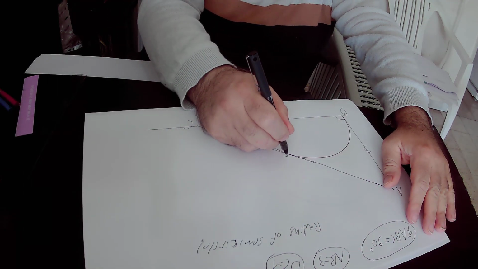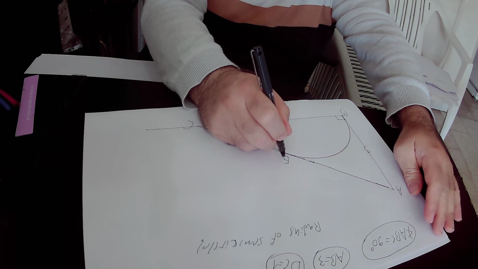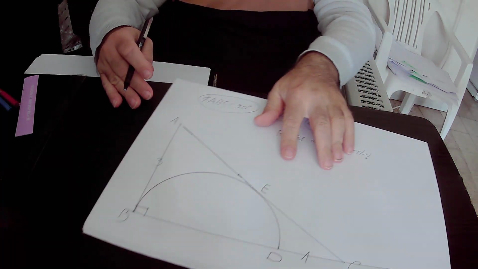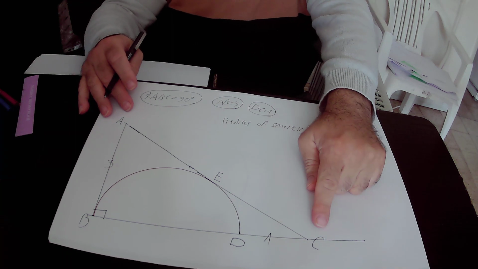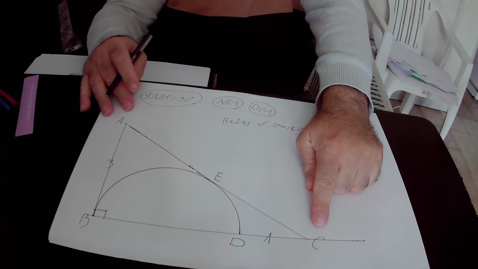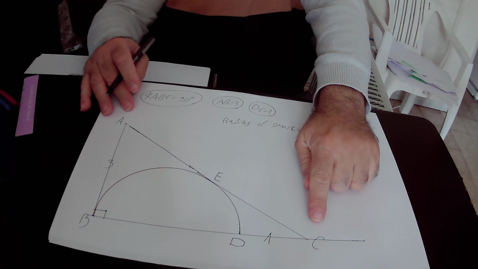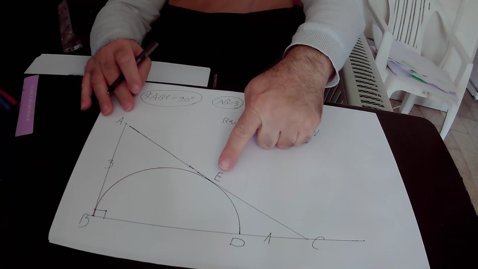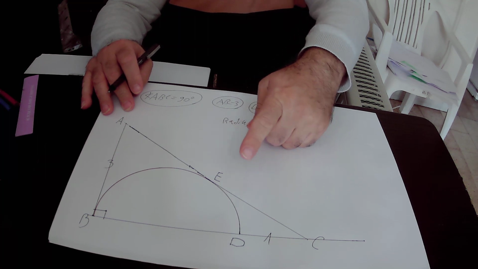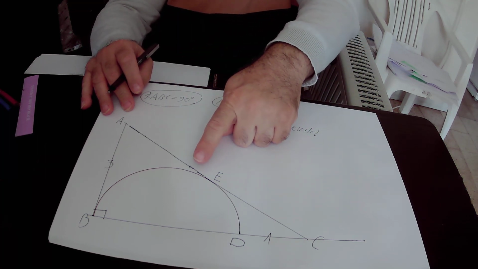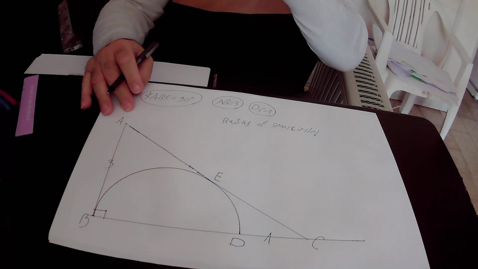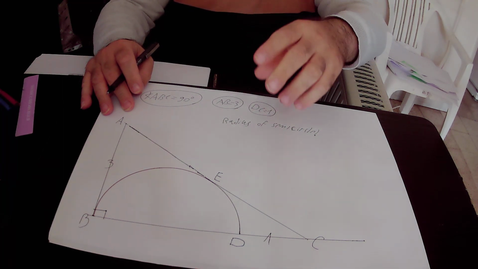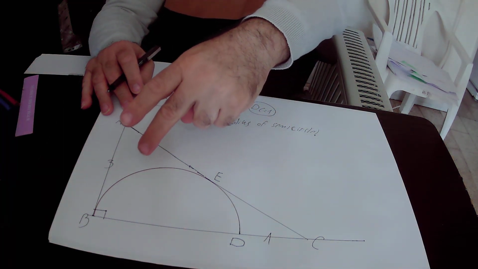And actually, side AC of triangle ABC, the hypotenuse, is tangent to the semicircle at point E. Point E is the point of tangency of tangent AC with this semicircle, and we want to find out the radius of this semicircle.